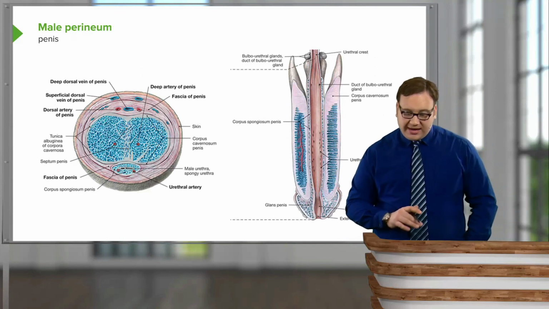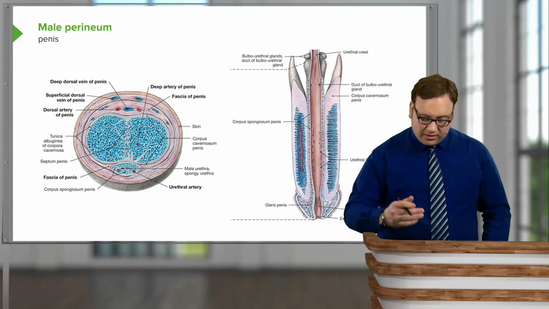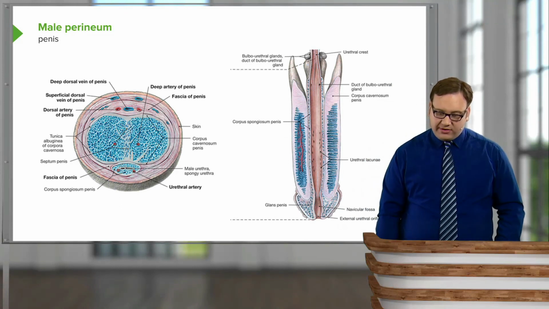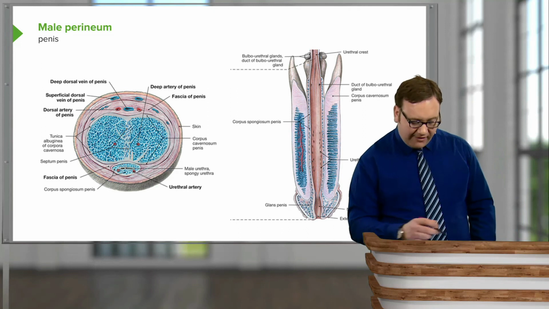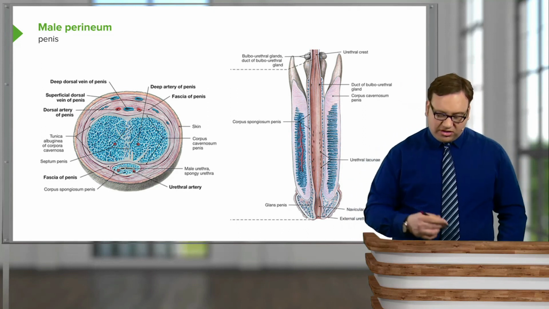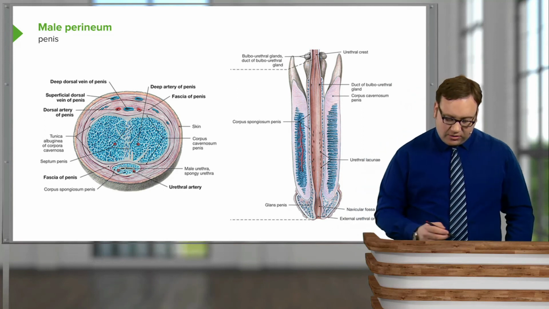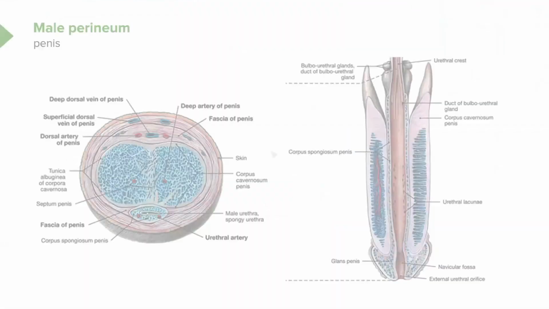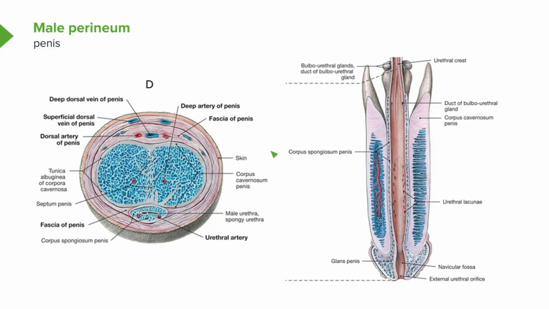If we just look at the penis, that is then continuing through the perineum within the superficial perineal pouch, then we can see that we have a whole number of what are known as erectile tissues. We can see if we have a transverse section through the penis, here we have the dorsal aspect of the penis, and here we have the ventral aspect of the penis.